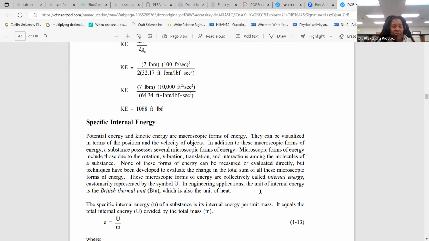Microscopic forms of energy include those through the rotation, vibration, translation, and interactions of molecules. So not only are they talking about the overall way that we talk about these forms of energy, but they're saying that these molecules actually rotate, vibrate, translate, and interact with the substance. So none of these forms of energy can be measured or evaluated directly.